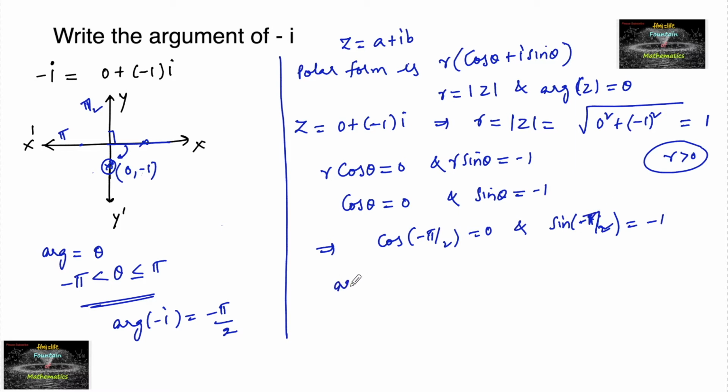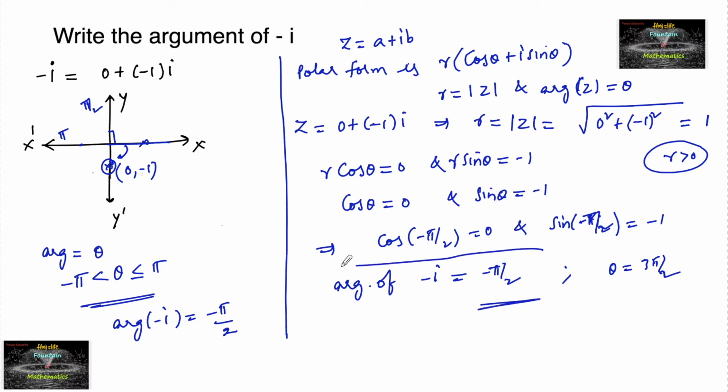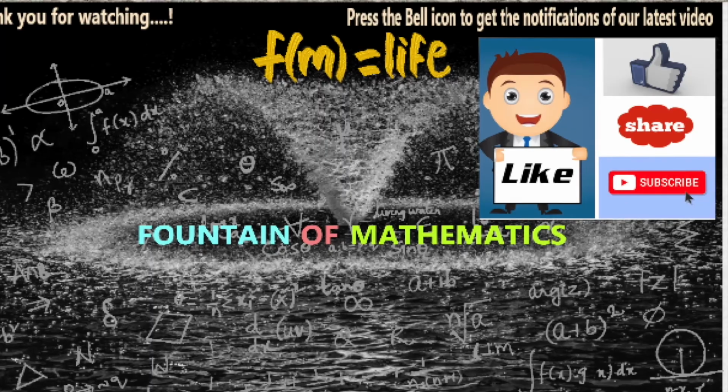So we can consider the argument of minus i as minus pi by 2. We could also consider theta equal to 3 pi by 2, which gives the same values, but since the argument lies between minus pi and plus pi, we take the answer as minus pi by 2. Okay, right, thank you.